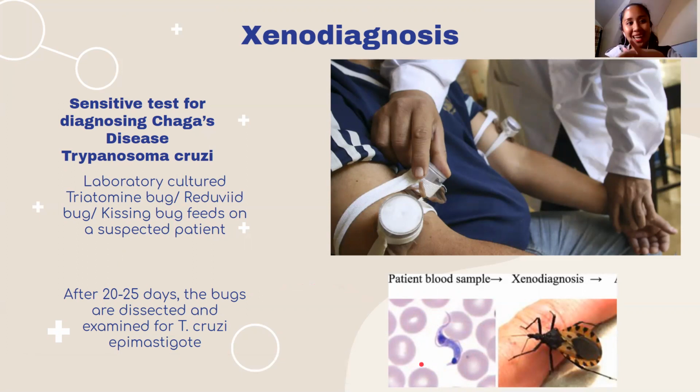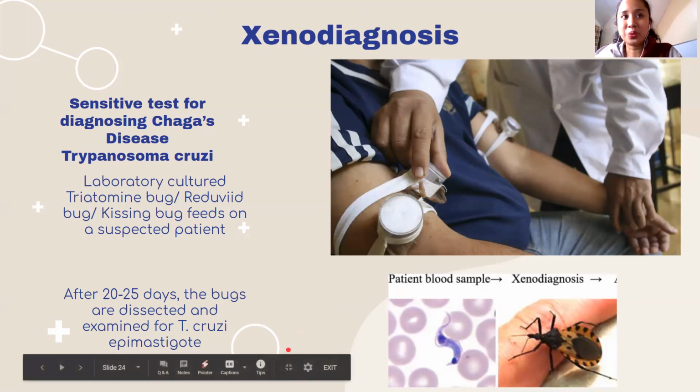So, cruzi, C-shape, Xenodiagnosis, Chagas disease. They all sound like C. Cruzi, Chagas, Xeno, C-shape, all C. So, the kissing bug chart.